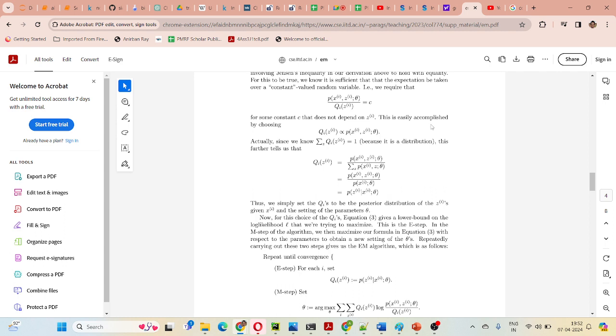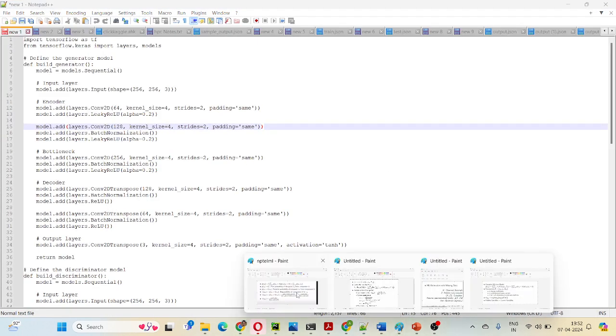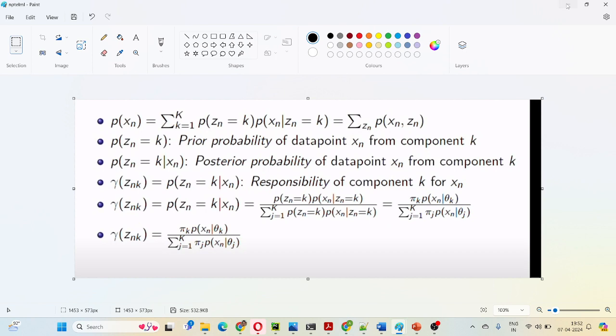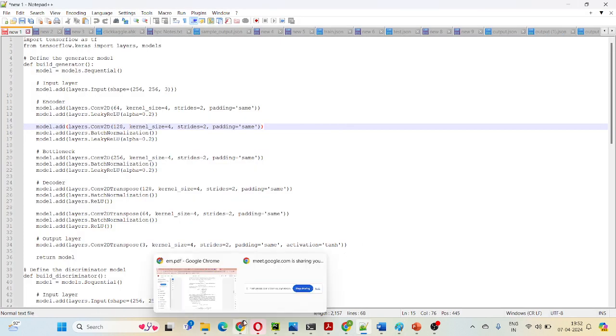You can see this Q(zi) is considered like this, as the responsibility. So they take Q as the responsibility in this case.